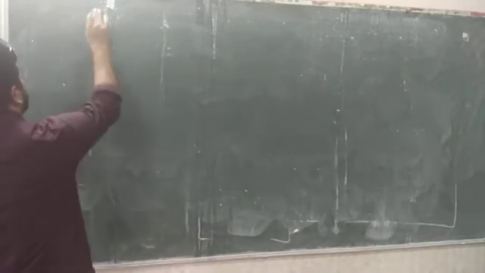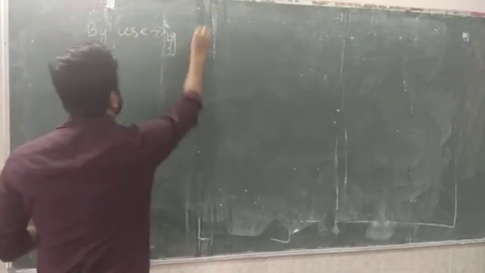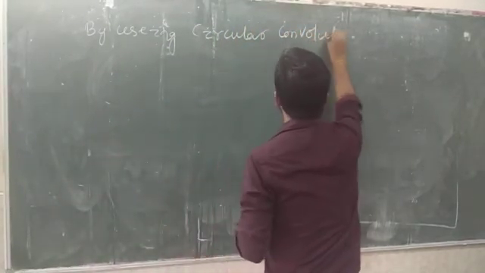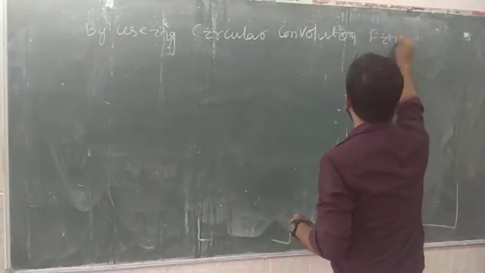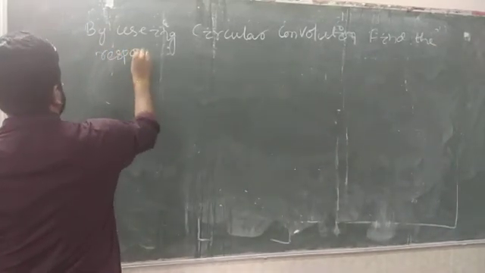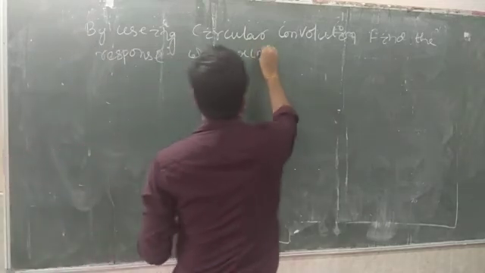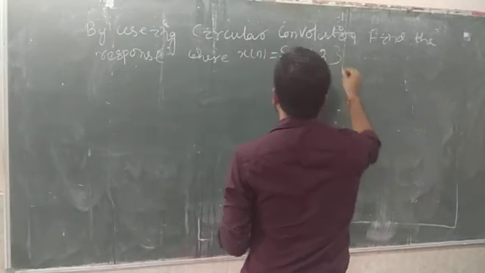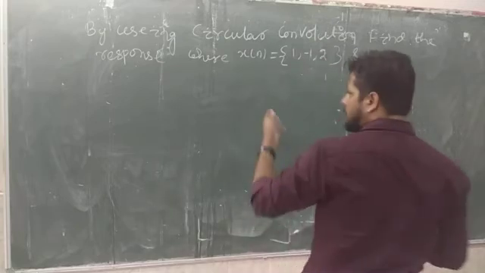That is, by using circular convolution, find the response of the system, where xn is equal to 1 minus 1 and then 2, and hn will be given. Here the input signal is given and the system response is given.